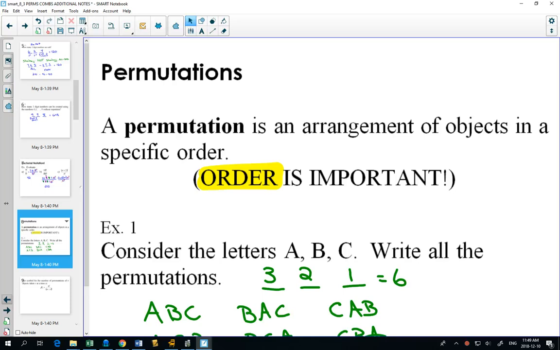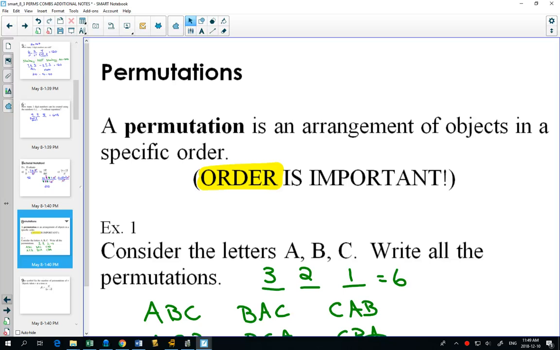In this case, when they ask for all the permutations, or when they give you a set of letters, it's like you have a physical A, a physical B, and a physical C. So you're not allowed to repeat. On my exam questions, I will try to be very specific, saying repetition is not allowed or repetition is allowed. So if you're allowed to use more than one A or more than one B.